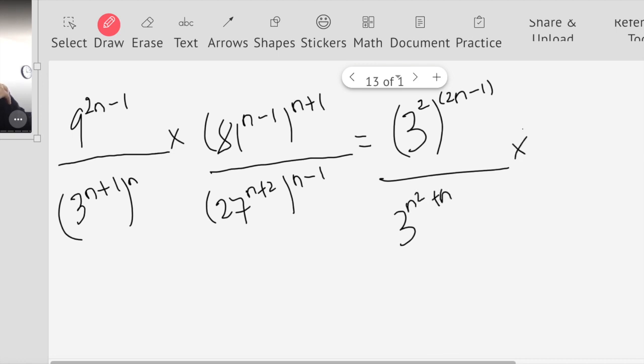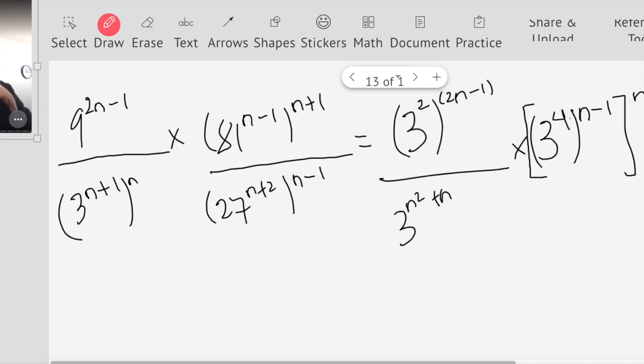81 is 3 to the fourth, yes. So I can rewrite this as 3 to the fourth being raised to n minus 1, and then this to the n plus 1.